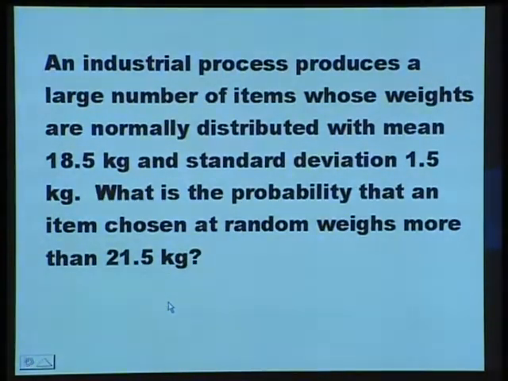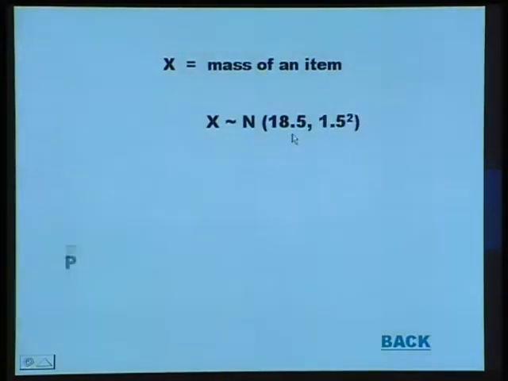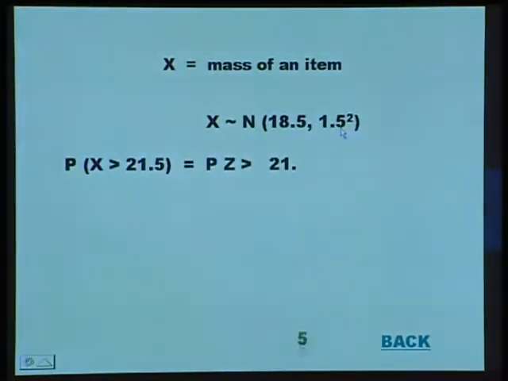So first of all, we have to introduce the variable x, which is mass of an item, and mass of an item follows a normal distribution. The mean value was given in the question 18.5 and the standard deviation 1.5.